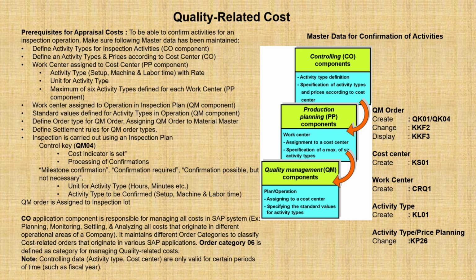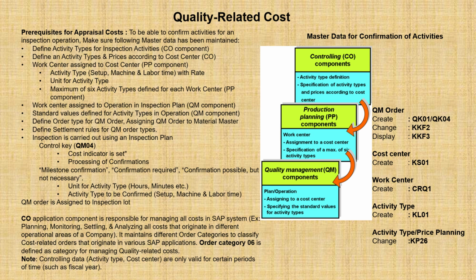And what are the prerequisites if I want to calculate the cost of the inspection? It is mandatory to maintain a work center, because the work center will involve the cost center, which will be handling the cost of the activities.